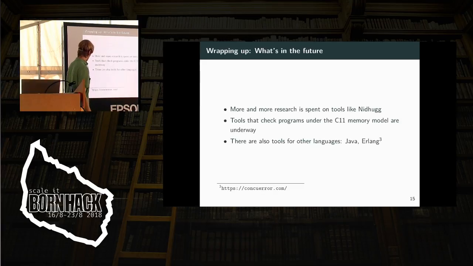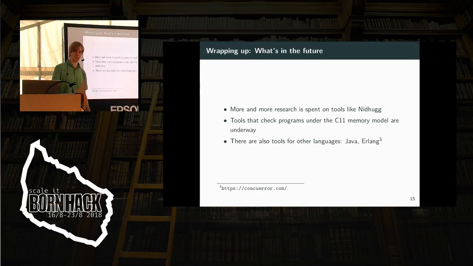But when they come out, you will be able to verify your program not just under the memory model of some particular CPU, like we did with Nidhugg here, but that your program, assuming a correct compiler, will behave the correct way on any CPU. And of course, all the skills I taught you here will be perfectly transferable to these tools because the underlying principle is the same. And also, if you are programming in some other programming language, Java, Erlang, there are tools for this as well.